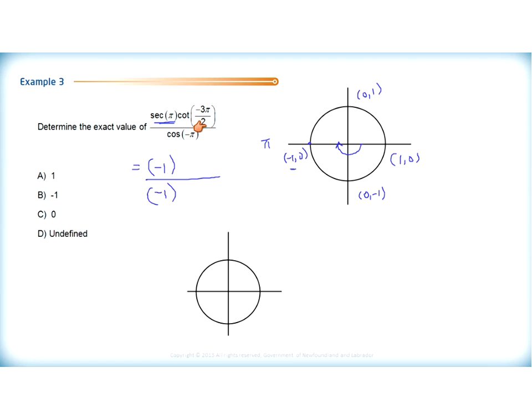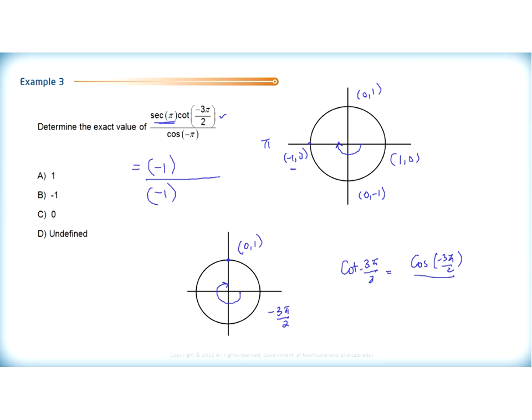Now let's use our other circle here to find the cotangent of -3 pi over 2. I didn't want to get it too crowded here, so that's why I drew 2 circles. Let's rotate -3 pi over 2 is here. -1.5 pi. Again, the coordinates of that point is x is 0, y is 1. I'm looking for the cotangent of -3 pi over 2. Cotan is going to be cosine over sine.